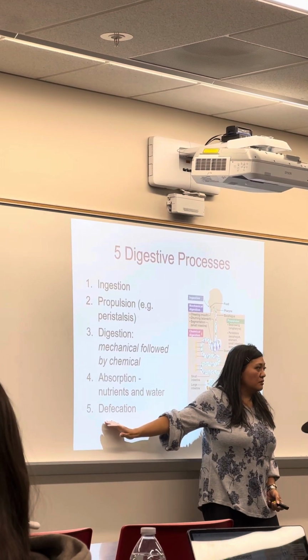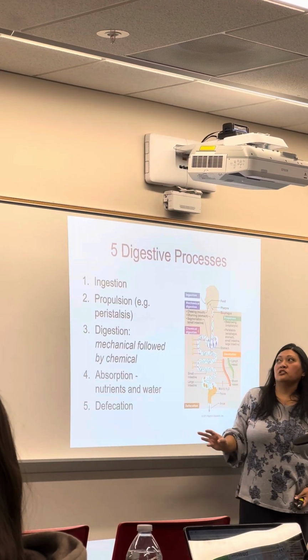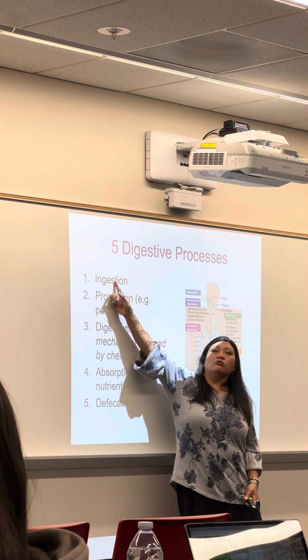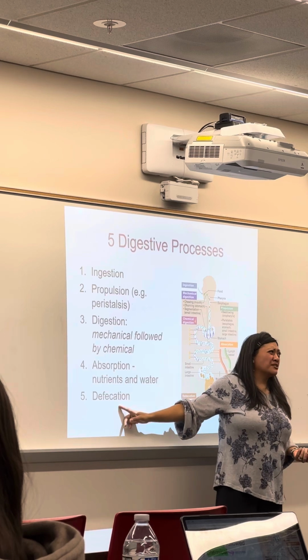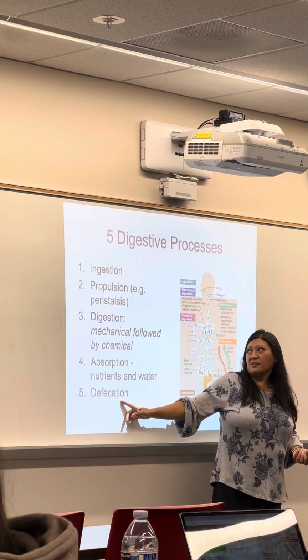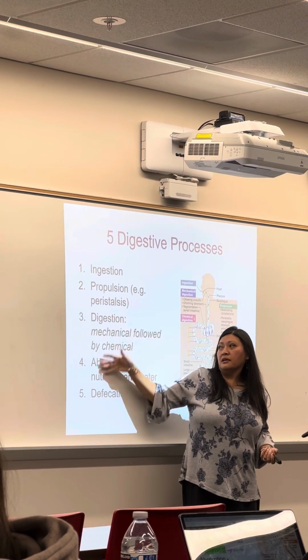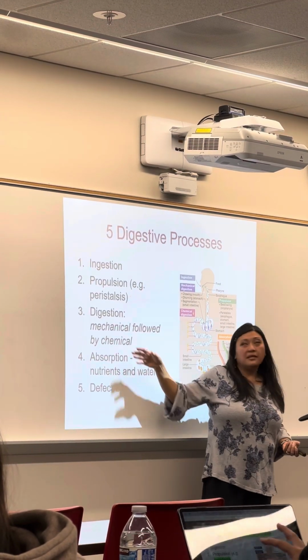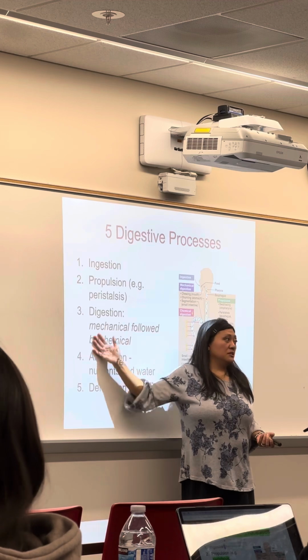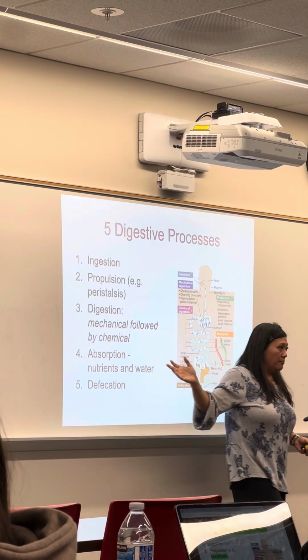That's at the very end, okay? See the 5 digestive processes? Ingestion really only happens at the mouth. Defecation really only happens at the rectum and the anal canal. Everything else is going to alternate, and mainly it's going to be in the small intestine. That's where most of that is going to happen, okay?